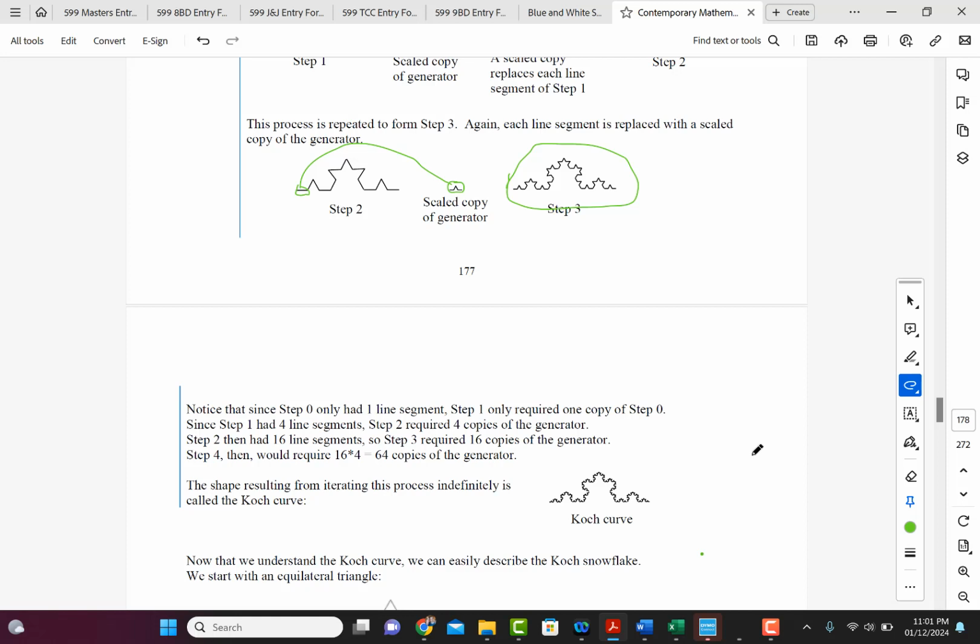And then step 4 would require 64 copies of the generator. So notice that it's a multiple of 4 each time. The shape resulting from iterating this process indefinitely is called the Koch curve, and that's what this shows.